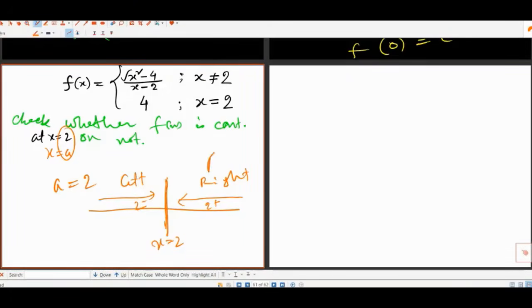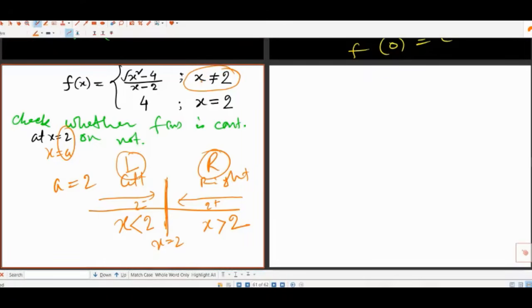That means we have to find the rightward function and the leftward function. The rightward part, 2 plus, can be written as x greater than 2. The leftward part is x less than 2. But do we have x less than 2 or x greater than 2 here?